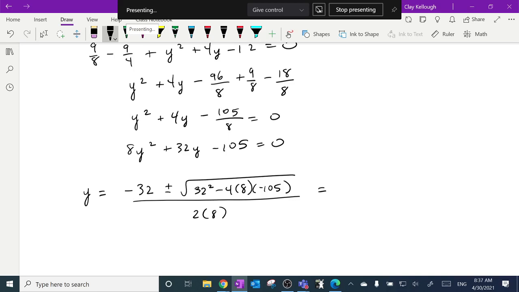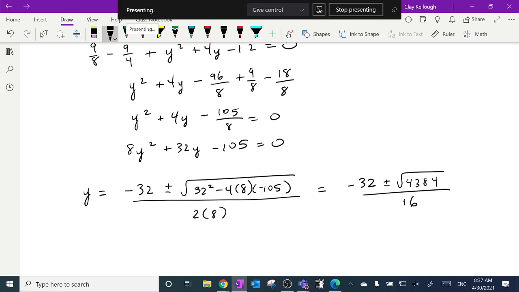That's why I said you can have decimals. Yeah, 4384, is that a perfect square? No, it is not. So there we go. So it's negative 32 plus or minus the square root of, what did I say it was again? 4384. Somebody could punch buttons and make sure I did that right. All over 16.